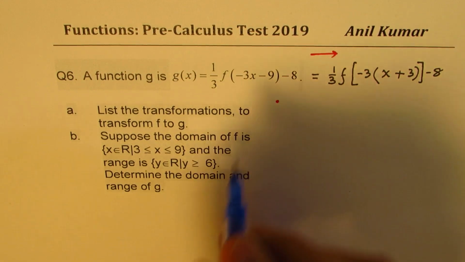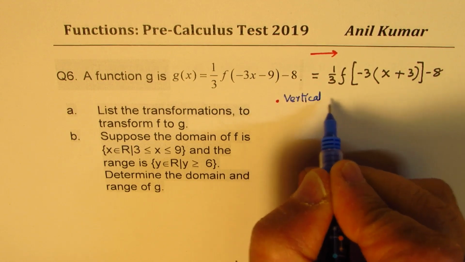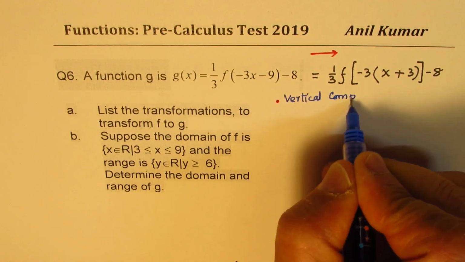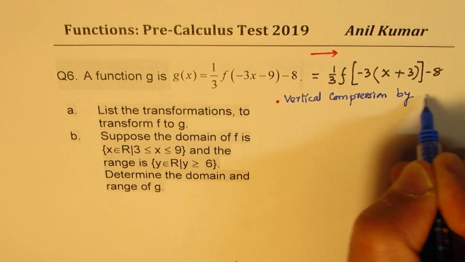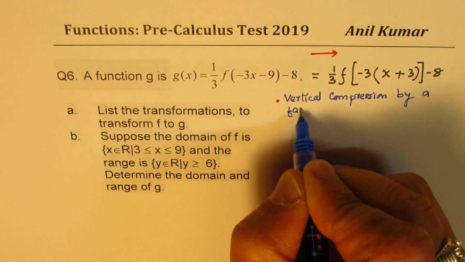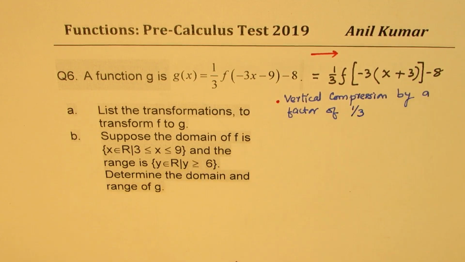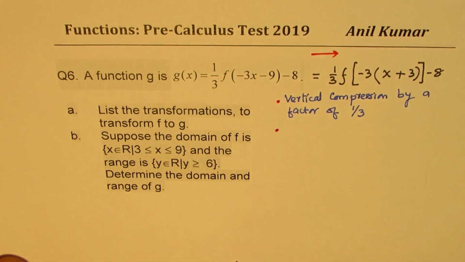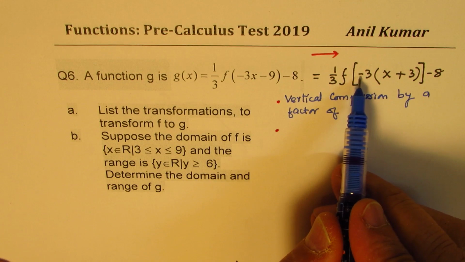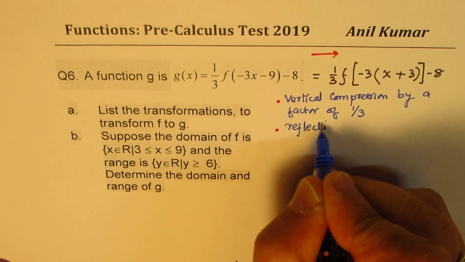So 1 over 3 means vertical compression by a factor of 1 over 3, correct? So that is the first transformation, vertically compressed. Now as we move inside, everything is horizontal, right? So minus here means reflection on which axis?